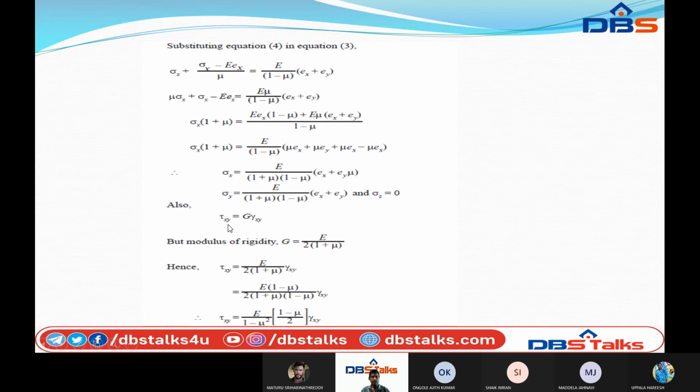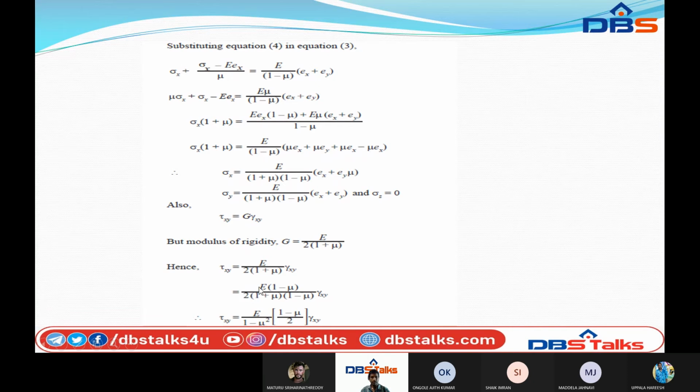In the previous slide, I told you tau xy, that means shear stress in xy direction, equals modulus of rigidity into strain in xy direction. But modulus of rigidity G equals E by 2 into 1 plus mu. So I'm substituting the value of tau xy, that is E by 2 into 1 plus mu into gamma xy.